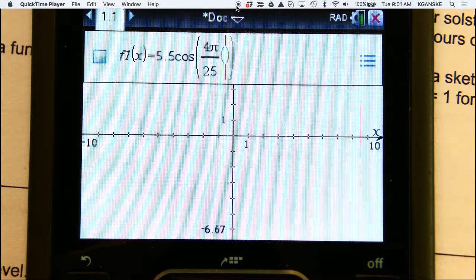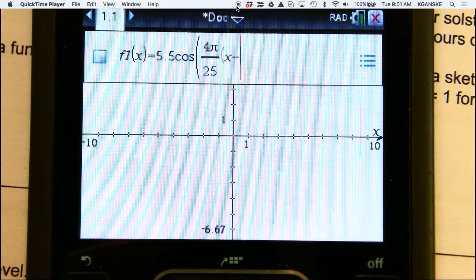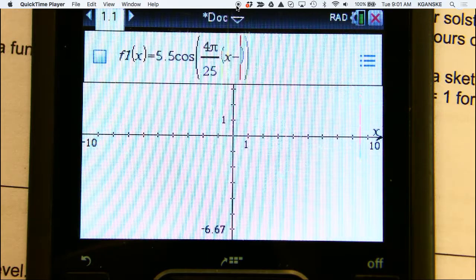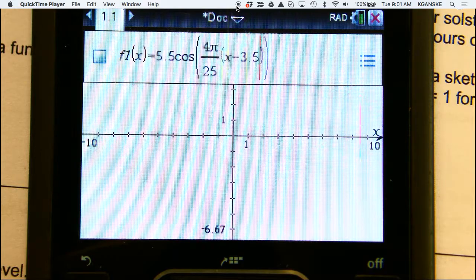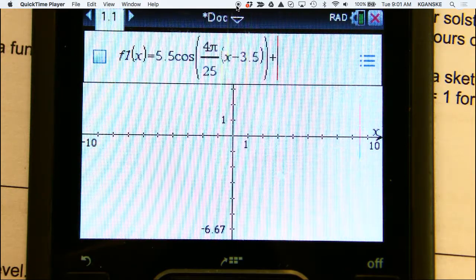Yeah, x minus 3.5. And then on the outside of all of that has to be your plus 7.7.